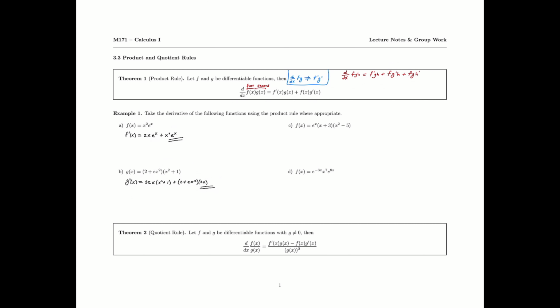So, part C, f prime of x, the derivative. Here, we see that we have that sort of triple product rule that we mentioned right up here. So we can use that if we want to. One way we can do it is by using this triple product rule, which maybe I'll do in red here, to match it with the red triple product rule up top.